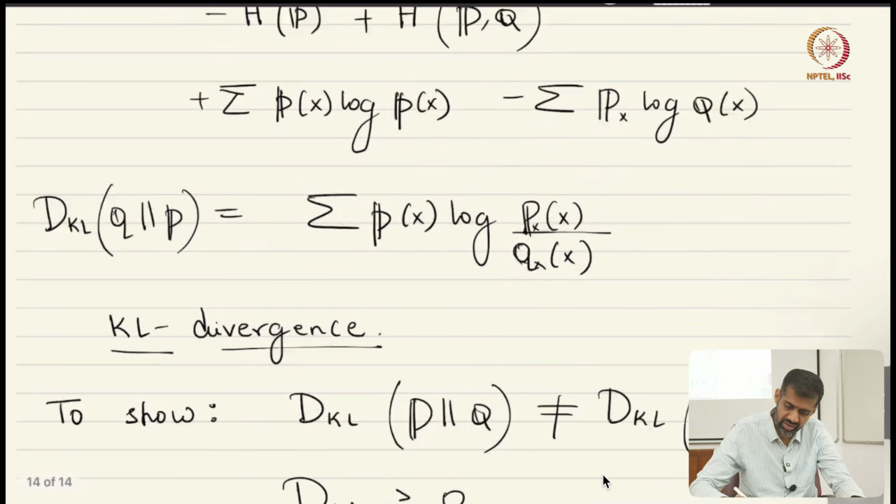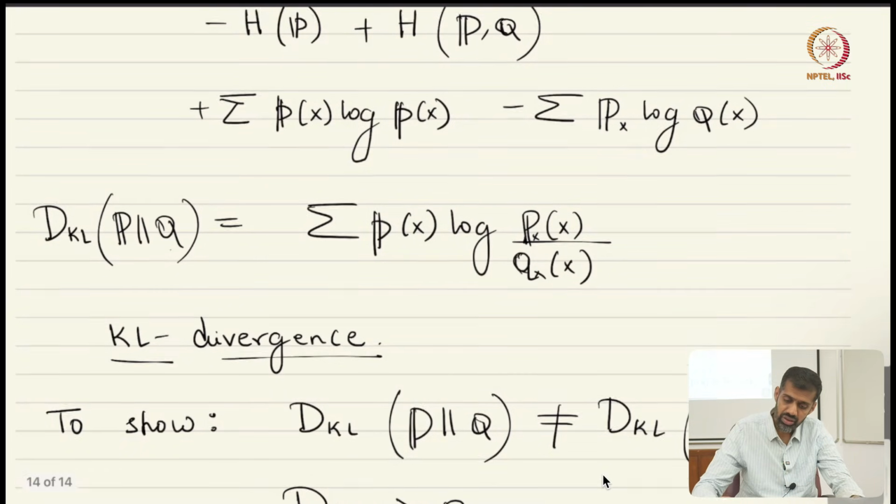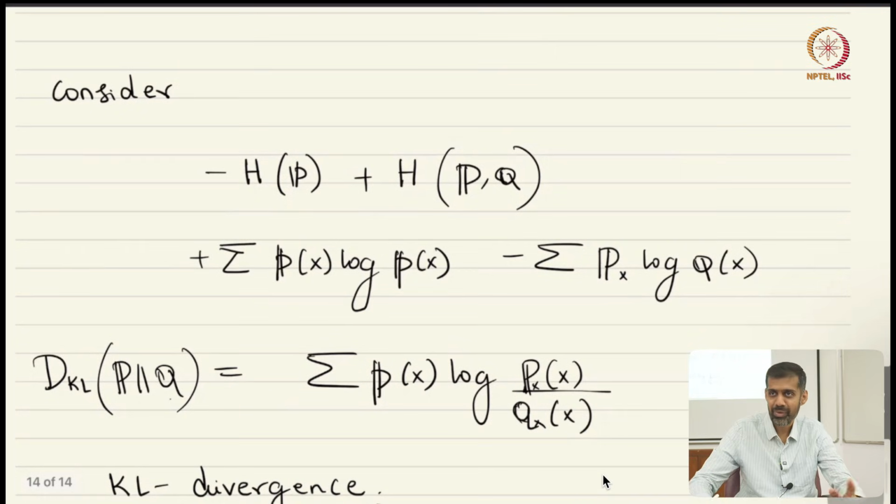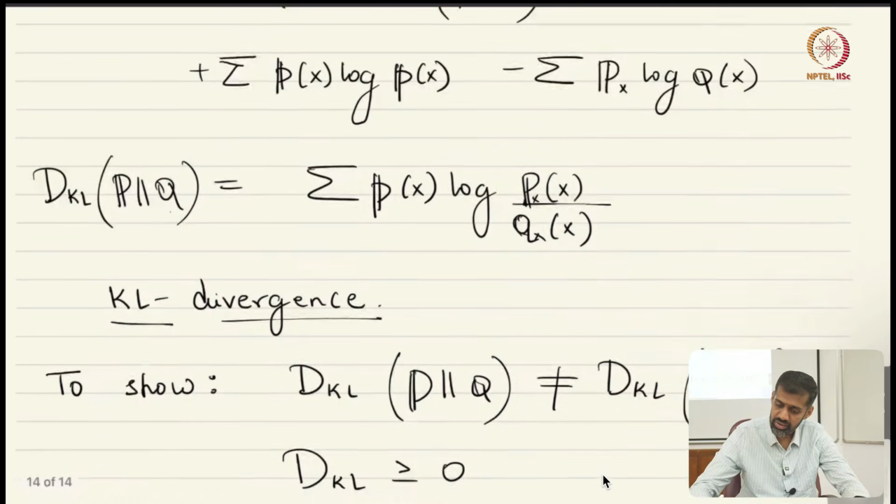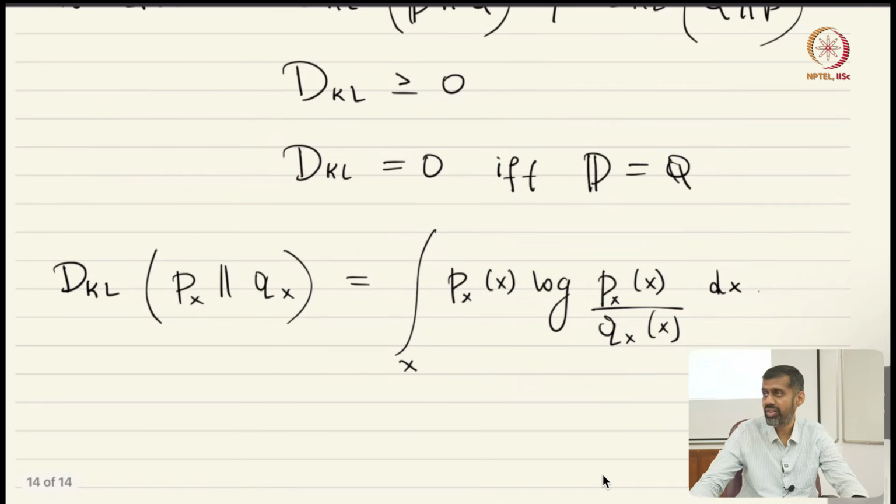This is the KL between P and Q. Correct. Thanks for that. Difference between the cross entropy and entropy. It's because of the asymmetry, right? So this algebra does not work out. So now the definition falls out, right? So it's P log P by Q, correct.